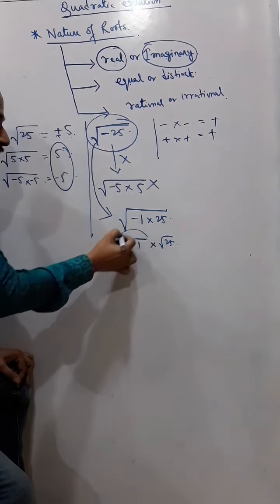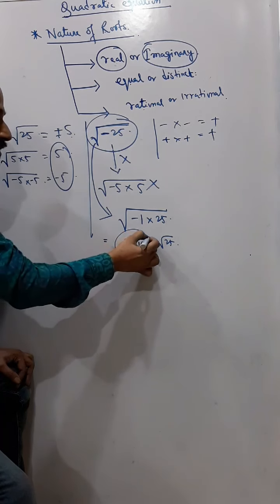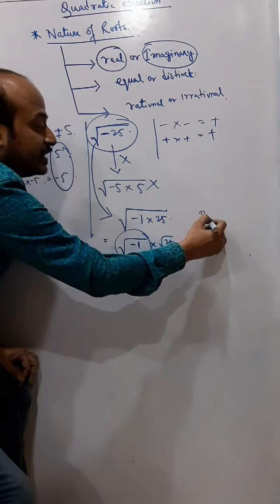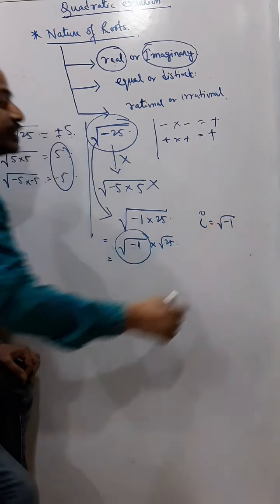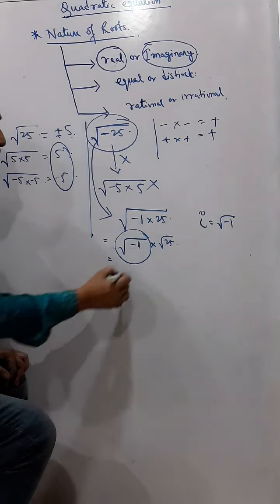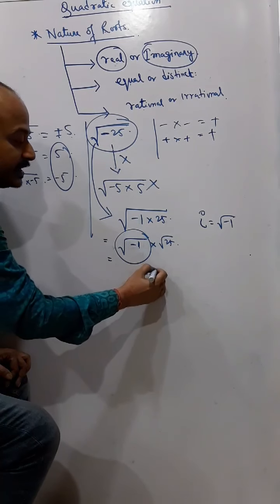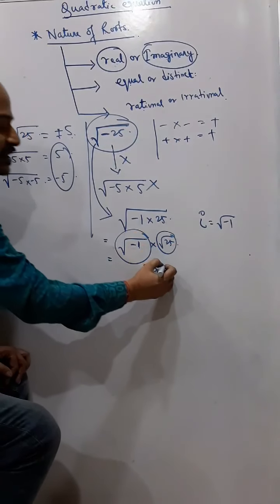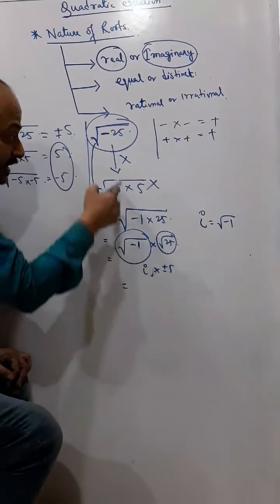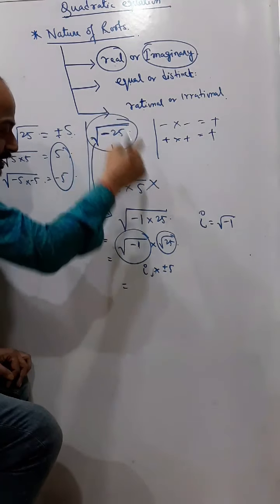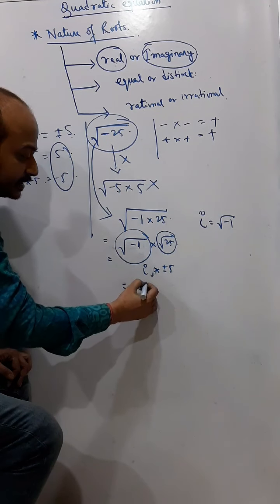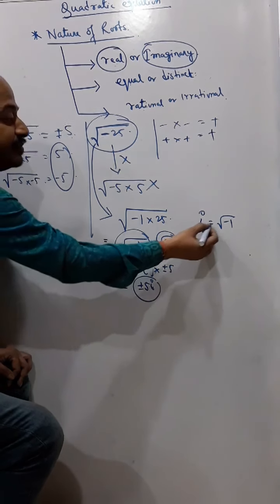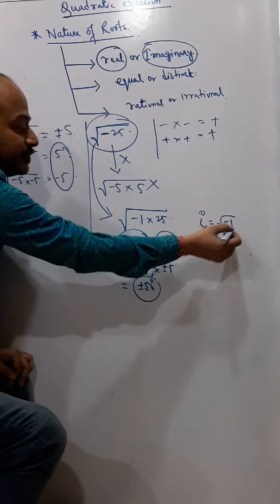In complex numbers, this root over minus 1 we call the imaginary constant, and that is i. So we can say it is i into plus minus 5. Hence the answer of this root over minus 25 we can write in this way: it is minus 5i, where i means this imaginary constant, root over minus 1.